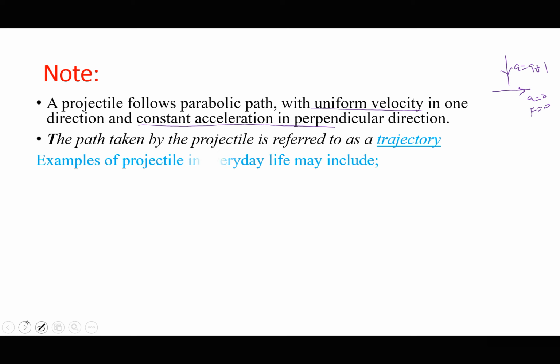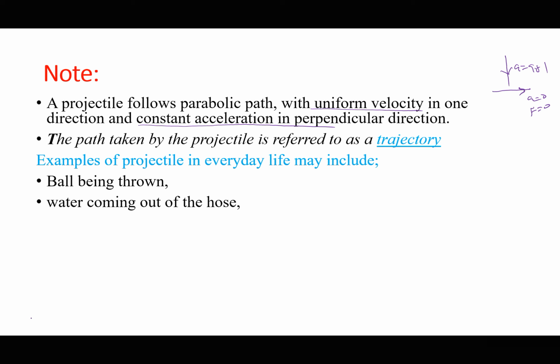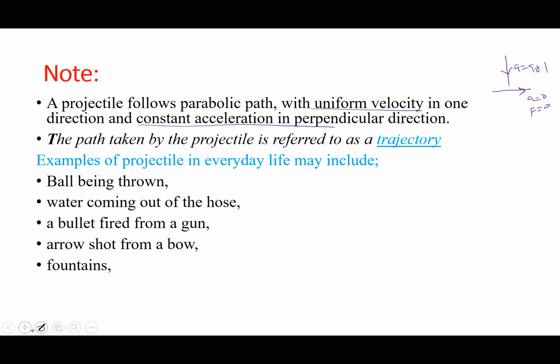Some of the examples of everyday projectiles or application of projectiles in everyday life: when you are throwing a ball, maybe basketball, you are trying to aim at the net or at the basket, a bullet fired from the gun, water coming from the hose, an arrow shot from a bow. Those are projectiles.